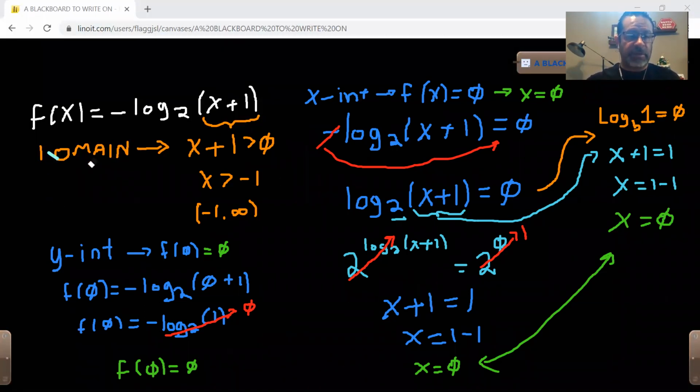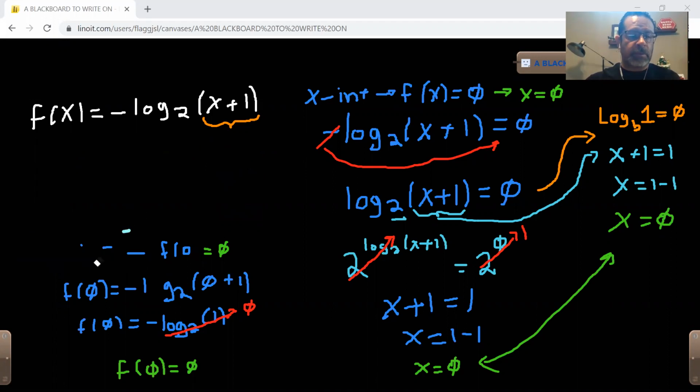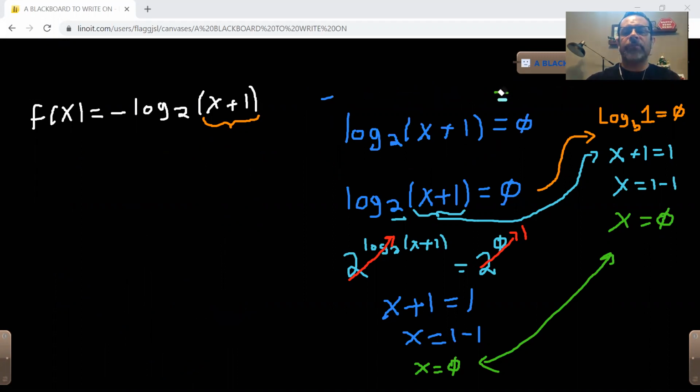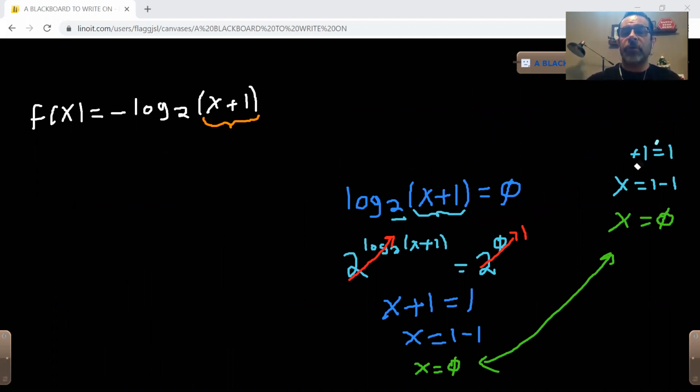So I'm going to erase all of this and just leave the original function here. And we're going to try to do the graph, exactly as we've done the previous graphing examples before.